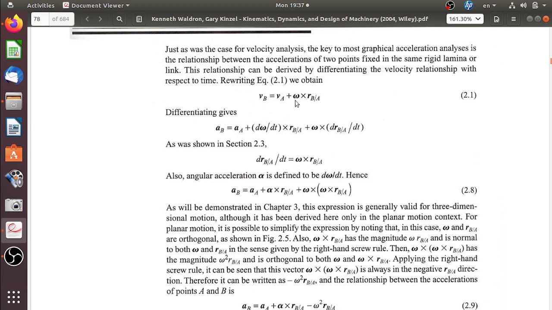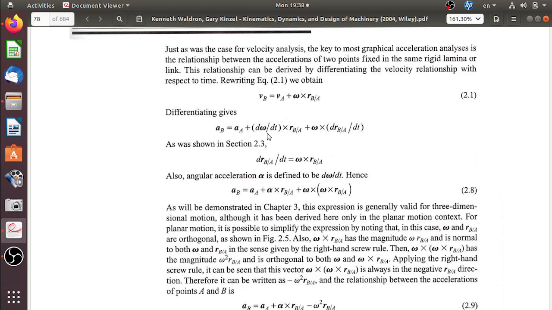When I differentiate this term, omega could be a function of time, as well as this RB/A could be a function of time. Due to that reason I will write d by dt of this term as these two terms.